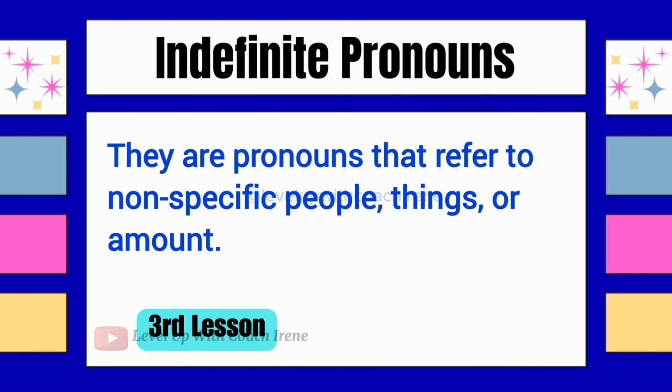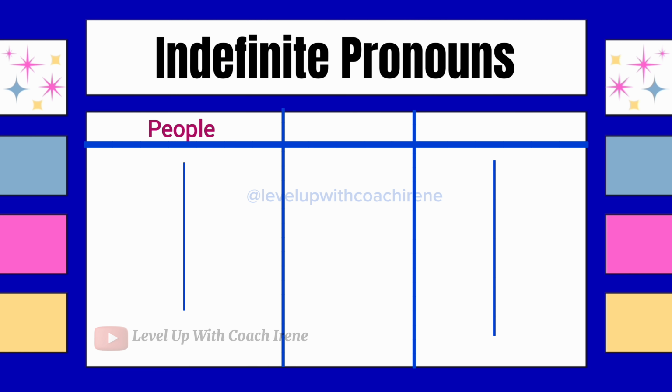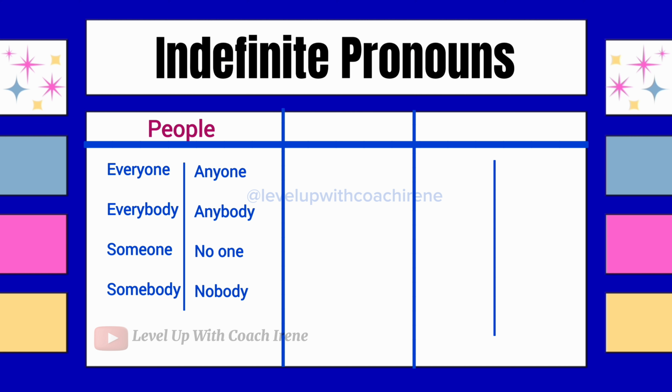Indefinite pronouns are pronouns that refer to non-specific people, things, or amount. They do not point to any particular person, place, or thing, and can be used when the exact identity is unknown or unimportant. For people, they include everyone, everybody, someone, somebody, anyone, anybody, no one, nobody.